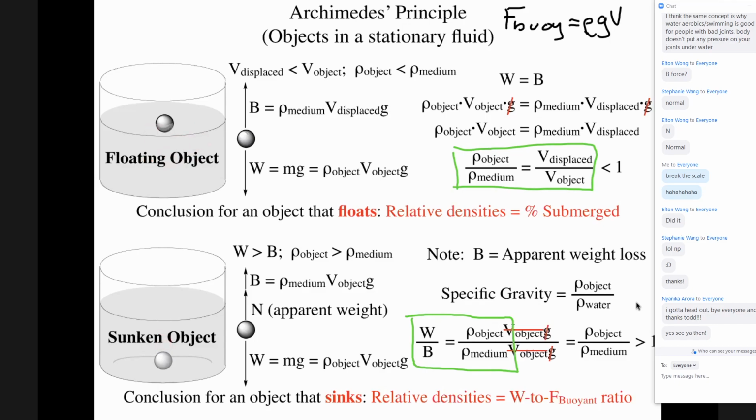If it's a floater, the relative density is the volume displaced over volume object, or percent submerged, if you will. And if it's a sunken one, then the relative density equals the weight to buoyant force ratio. So screenshot, if you will, I'm about to click over, and we'll apply this. If you have questions, I hope a question will solve a question. Okay, so clicking in 3, 2, 1.